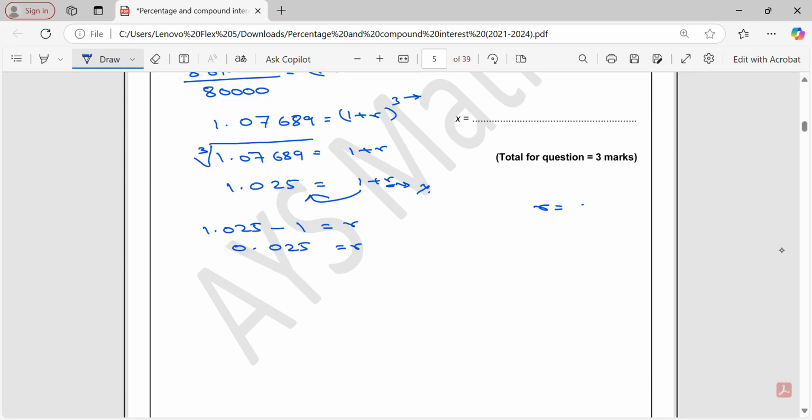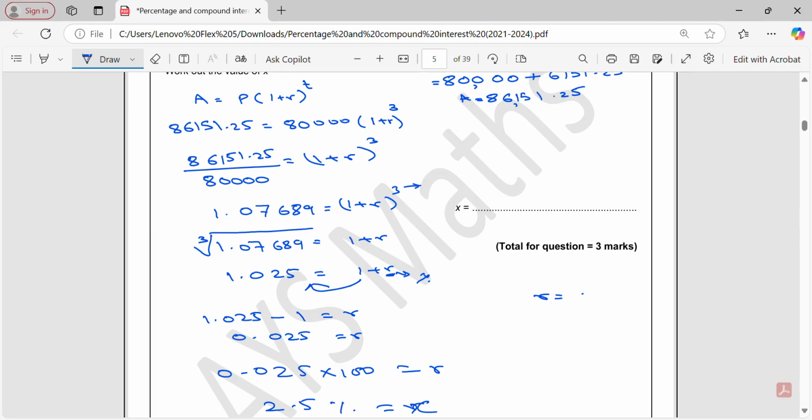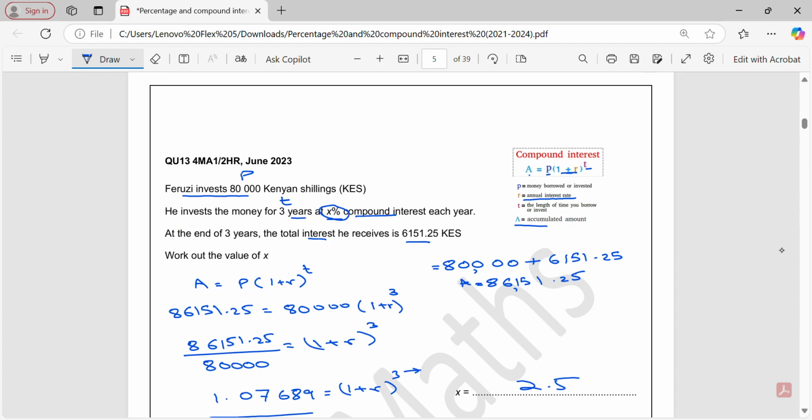So I multiply by 100 to convert into a percentage. 0.025 multiplied by 100 equals 2.5%, which is my X. You can write X here as well, it's up to you. So X is 2.5, and they ask for X%, so that is 2.5%.